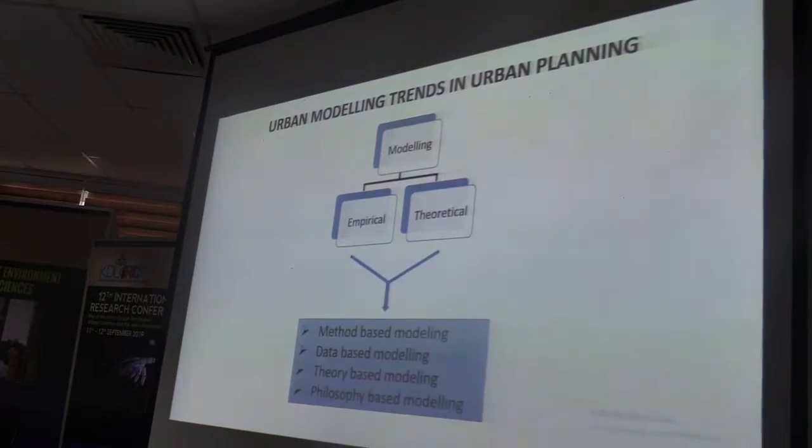Urban modeling has been used in a number of fields. The theoretical and empirical foundation of the model should be improved according to the expected output, since both are equally important to the process. Some examples of urban modeling are method-based modeling, database modeling, theoretical-based modeling, and philosophical-based modeling.